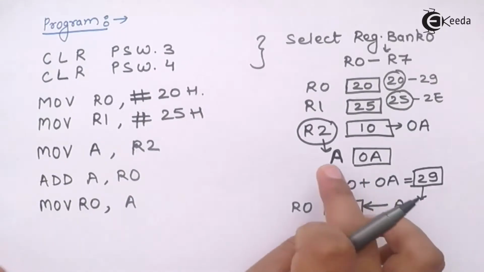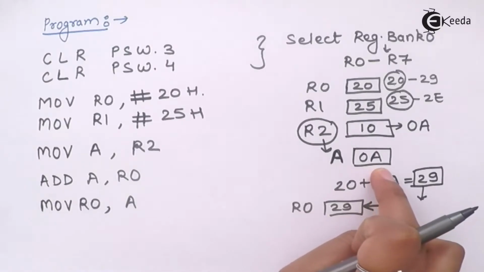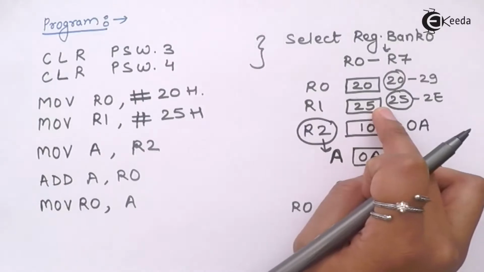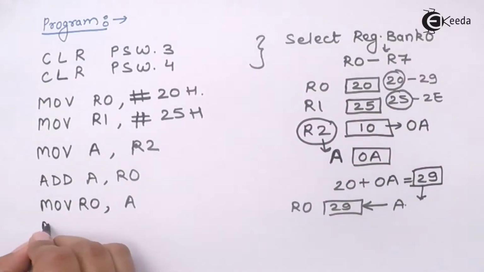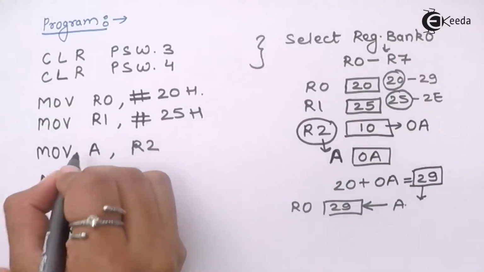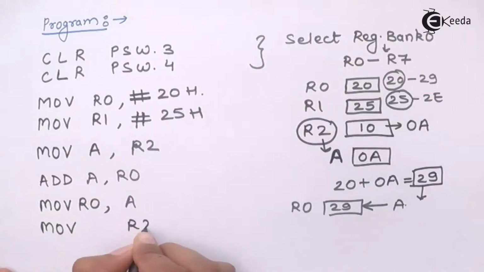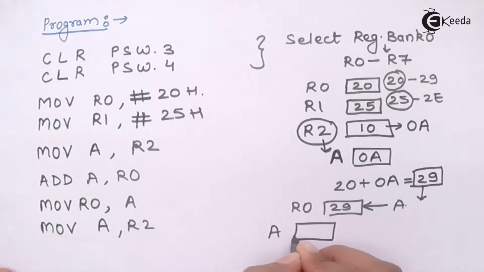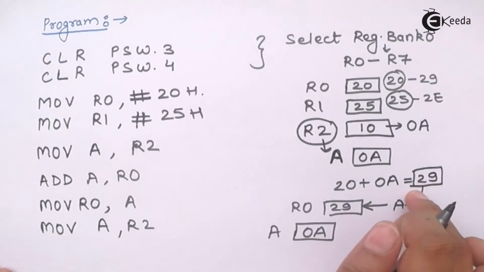Now again we have to carry this 0A and add it in the R1 register. So again this step, that is R2, is to be shifted into A. Again A is going to carry 0A, because at this present time A is having 29.